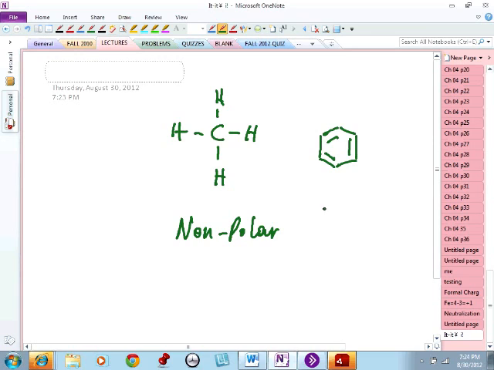Now supposing I have this other one, do you expect this molecule to have a dipole moment? Yes. And what will be the direction of the dipole? Toward the chlorine. So the direction of the dipole will be here.